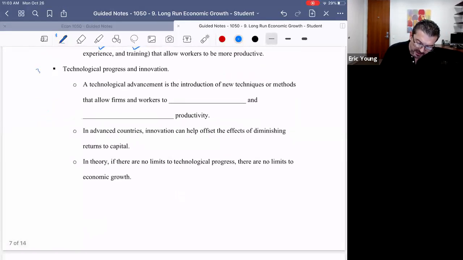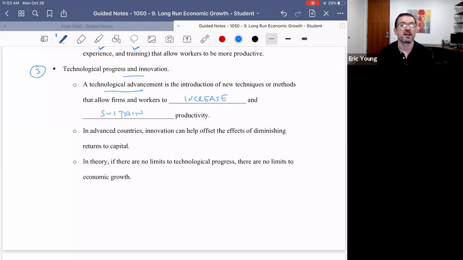A third ingredient in economic growth is technological progress, the idea of innovation, okay? We define technological advancements as any introduction of new techniques, of new methods that allow firms and workers to increase and sustain productivity.